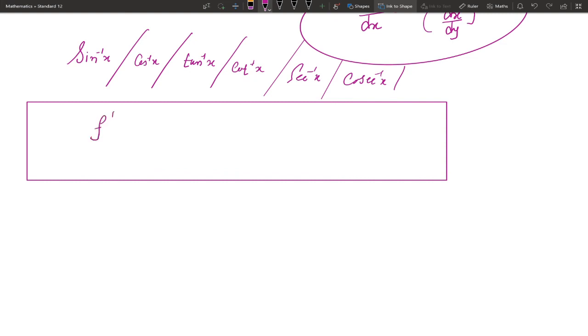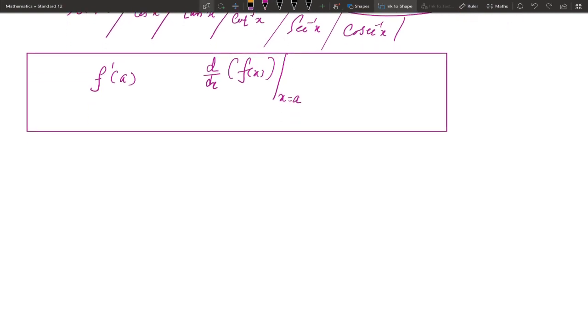Now again recall what is f dash a. You recall what is f prime a or f dash a. This is nothing but d by dx of f of x at x equal to a.